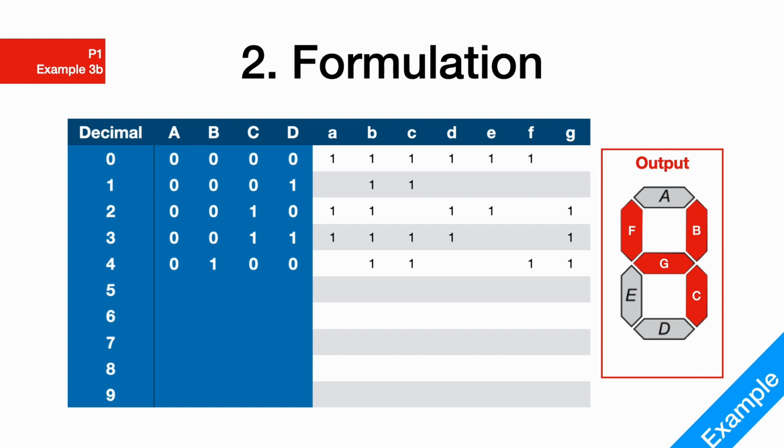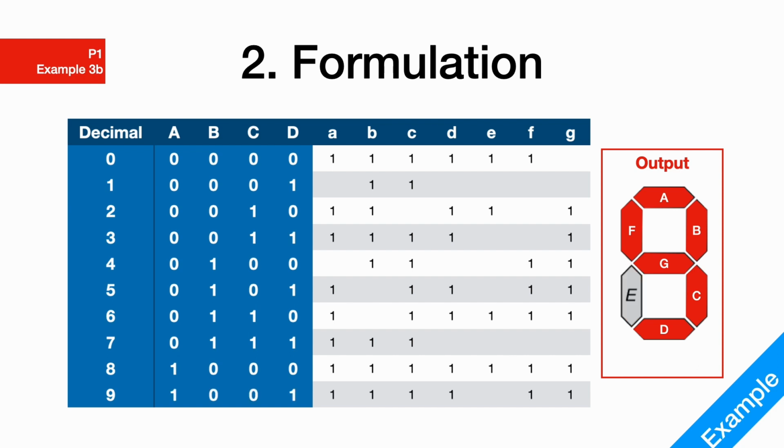Continue all of these steps. I will skip the individual details to the end of the truth table. This is 5, and then 6, 7, 8, 9. And there we have it, all of the truth values that we actually care about so far.